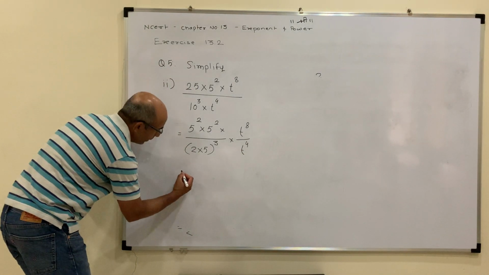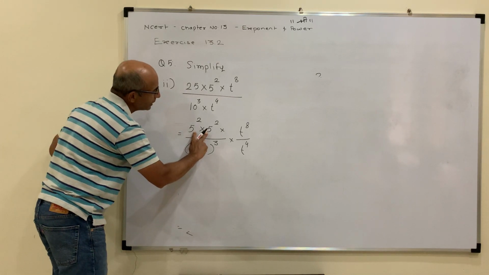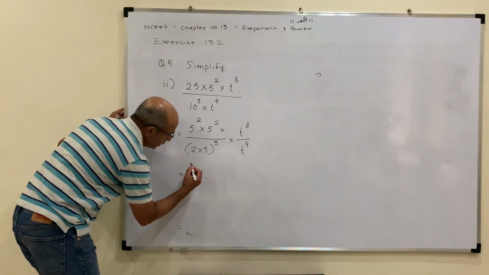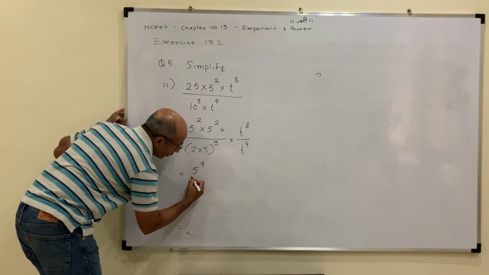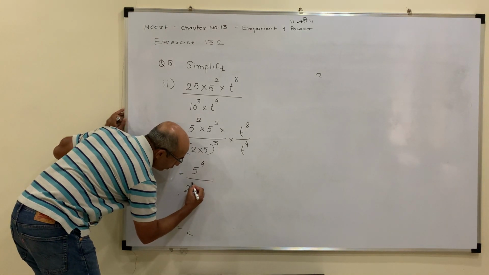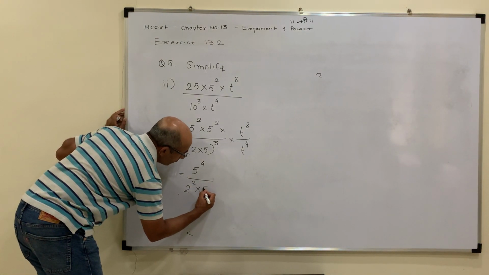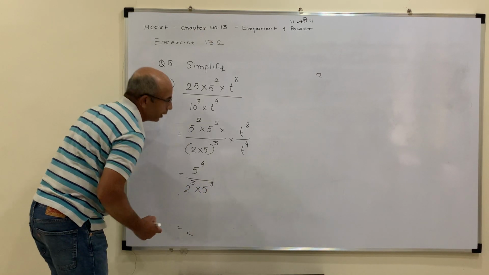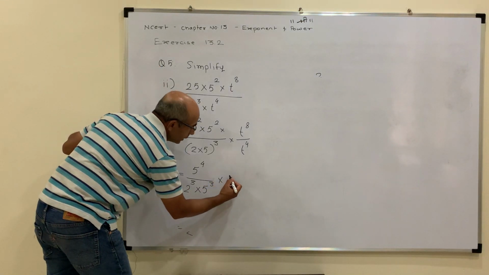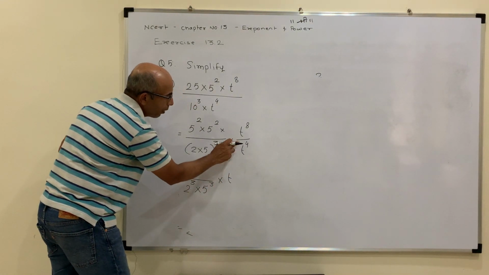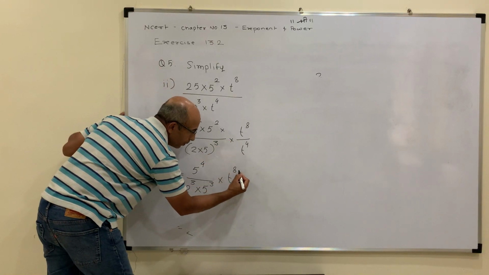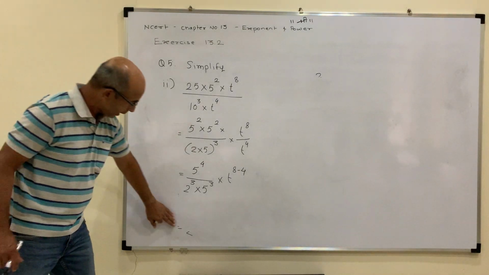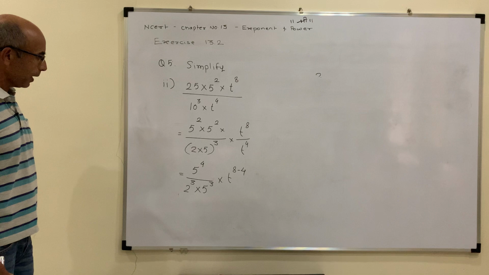So my next step will be 5, here the base is same, operation is multiplication, so power will be added. So 5 raised to 4, and here 2 raised to 2 into 2 raised to 3 into 5 raised to 3, and here t raised to, base is same, operation is division, so the power of denominator will be subtracted from the power of numerator. So ultimately it will be t raised to 8 minus 4.